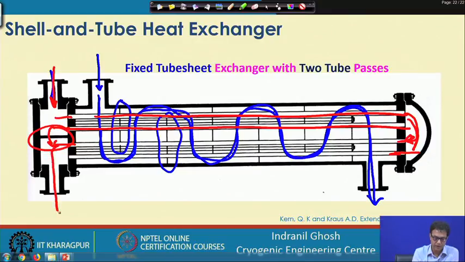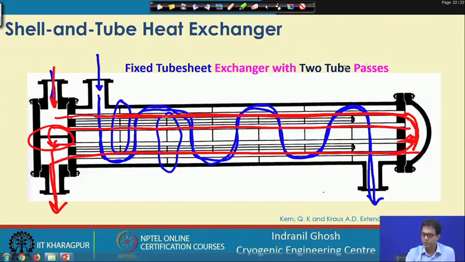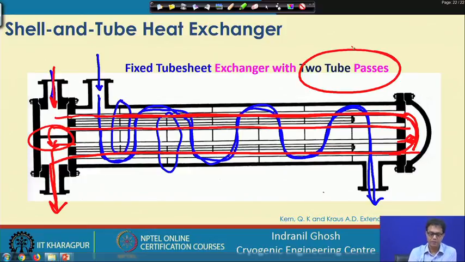So, it is one and then two passes for the tube. That is why we call it two tube pass, but this is a single shell pass. So, this is a single shell, two tube pass heat exchanger.